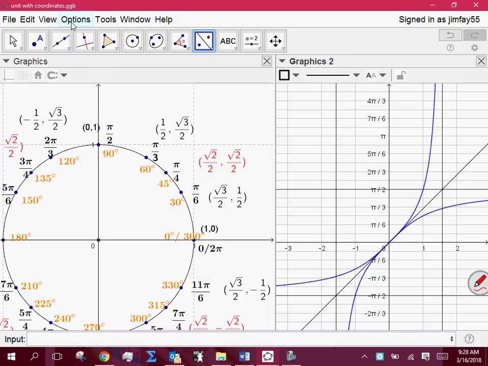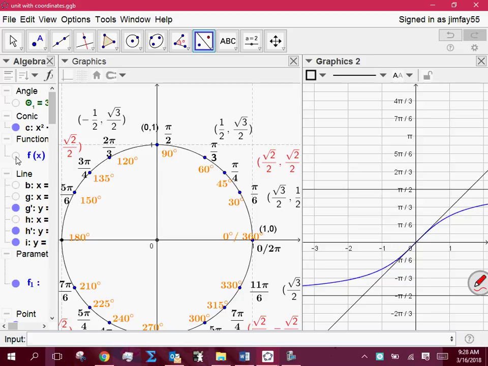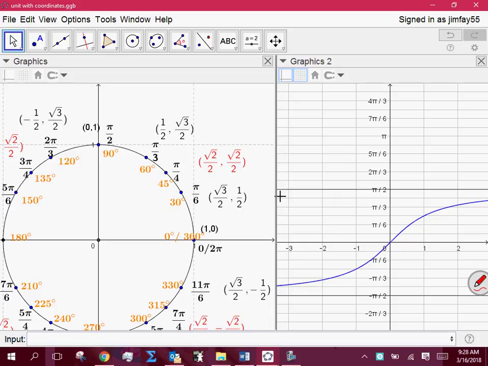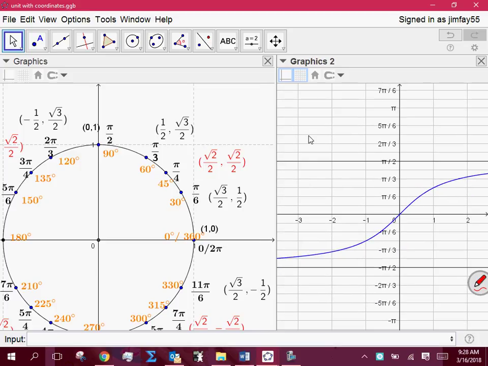Now let me just clear some stuff up here. So that then provides us the tangent inverse, correct?